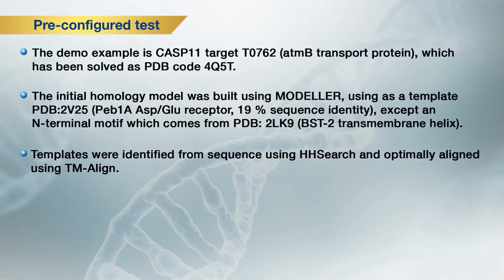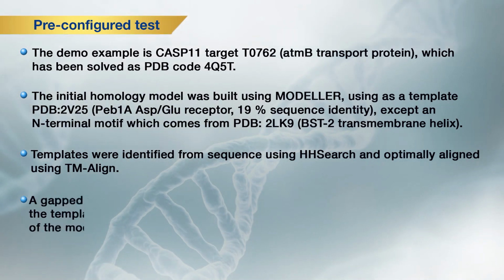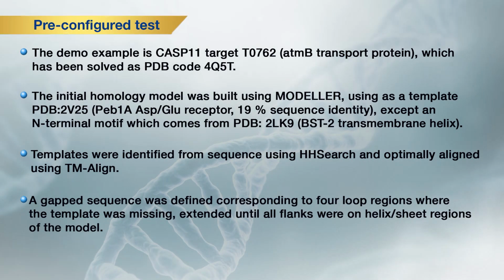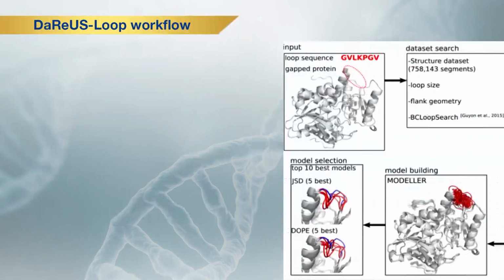Templates were identified from the sequence using the HHsearch method and optimally aligned using the TM-align algorithm or server. A gapped sequence was defined corresponding to 4 loop regions. When the sequence was aligned, 4 gap regions were identified, recognized as 4 loop regions where the template was missing, extended until all flanks were on helix or sheet regions of the model.